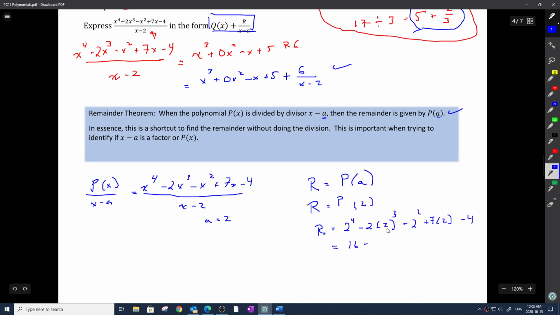Minus 2 times, now watch your order of operations because you have to multiply first. 2 cubed is 8 times 2 is 16. Minus 2 squared is 4. Plus 7 times 2 is 14. Minus 4. And what we get is our remainder is 6. Oh my God, that's exactly what I had.